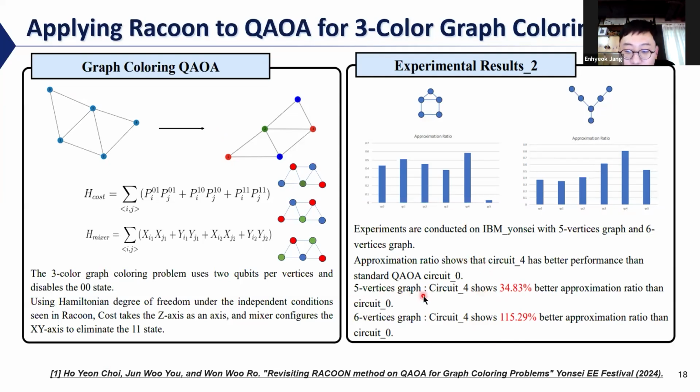For the 5-vertex graphs, which is a 10-qubit workload, it shows about 35% fidelity improvement, and for the 6-vertex graphs, which are 12-qubit circuits, it shows 120 times fidelity improvement.